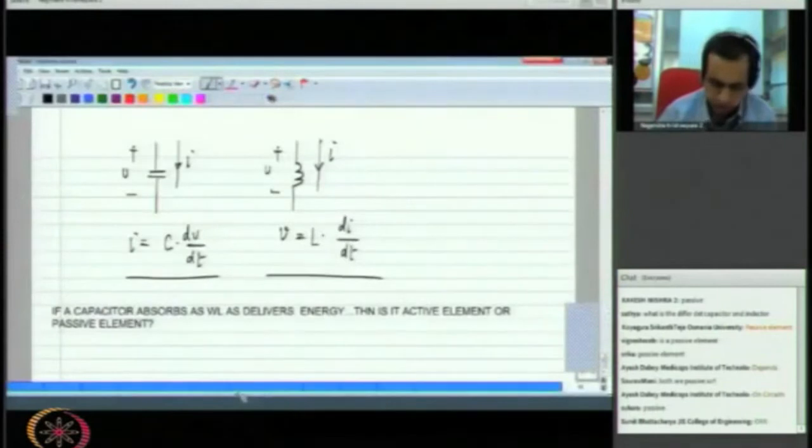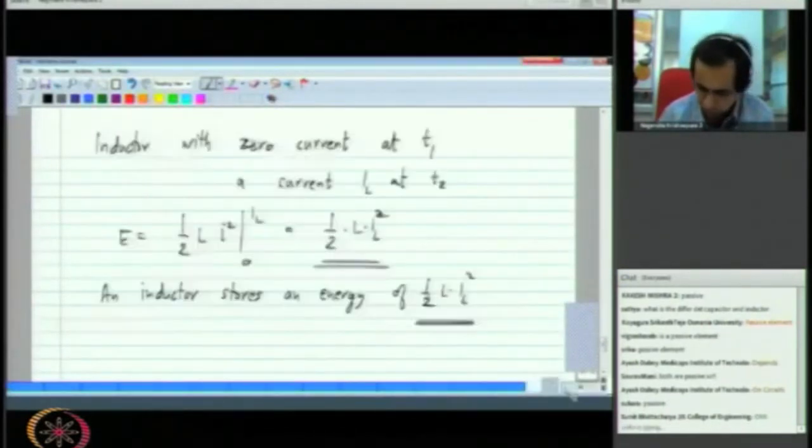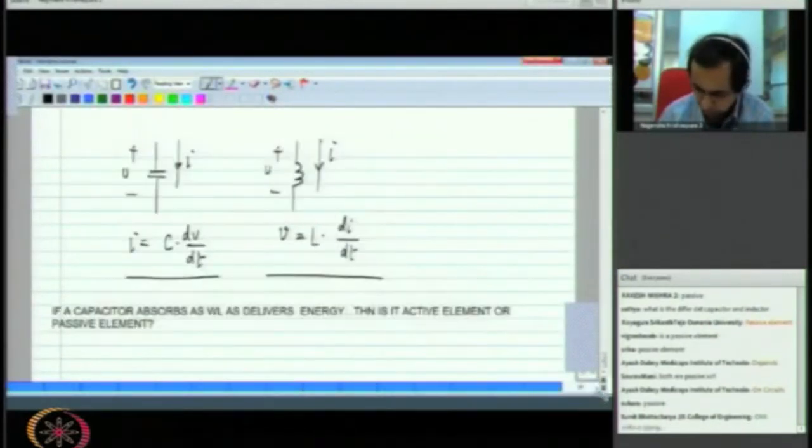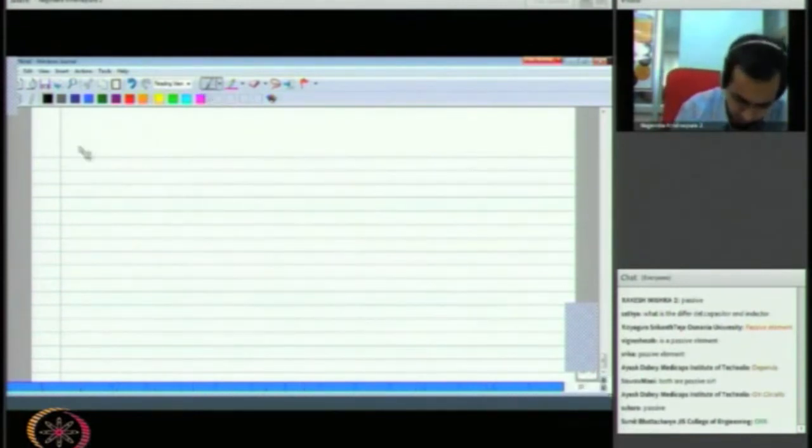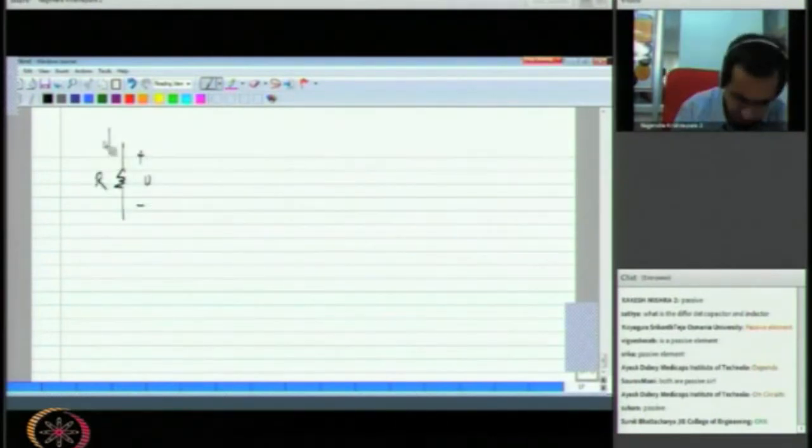Before we go further, let's be clear about a few things. In a resistor, the power is I square R or V square by R, and it always dissipates power.